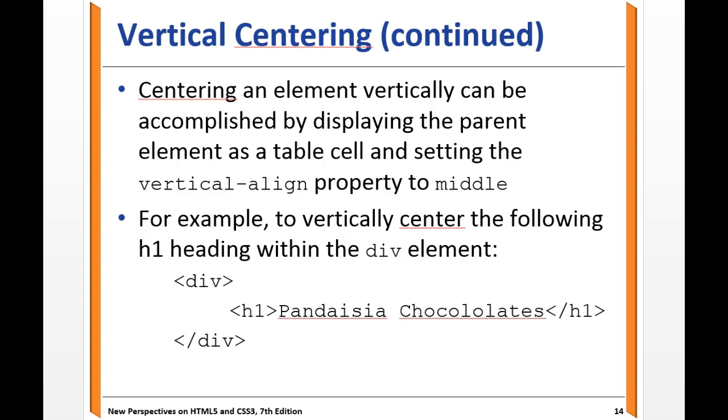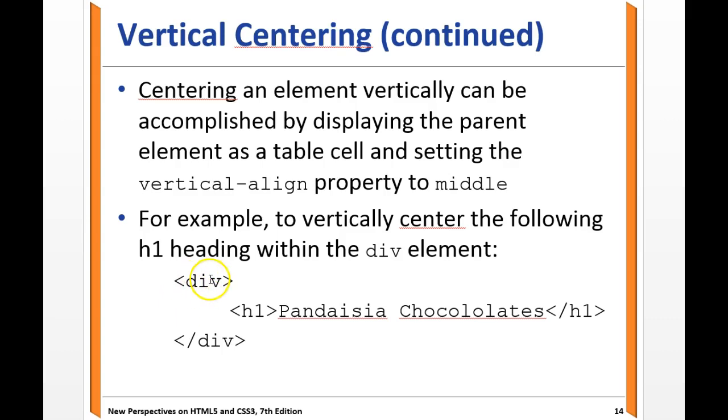So one solution is to display the parent element as a table cell with a defined height and then set the vertical alignment property to middle. There is an example in the book that you can follow, where we are using the div element.